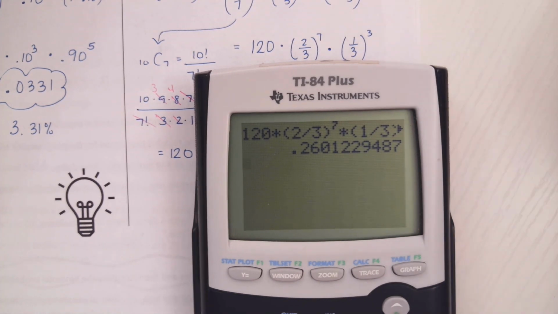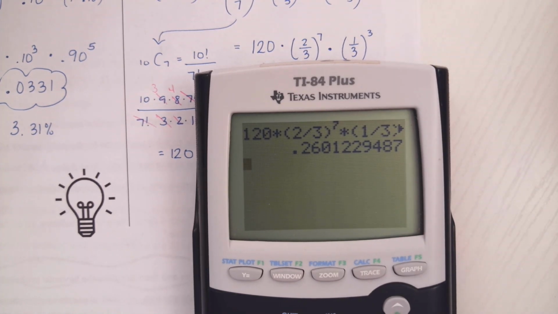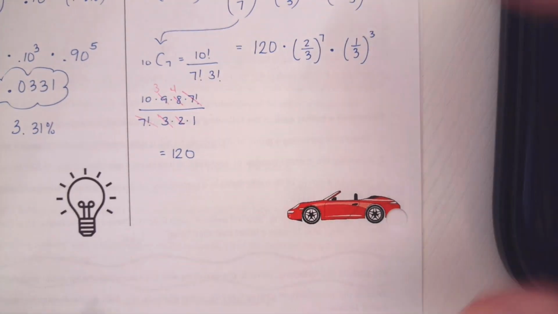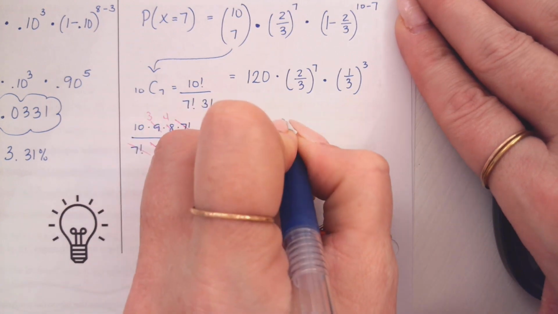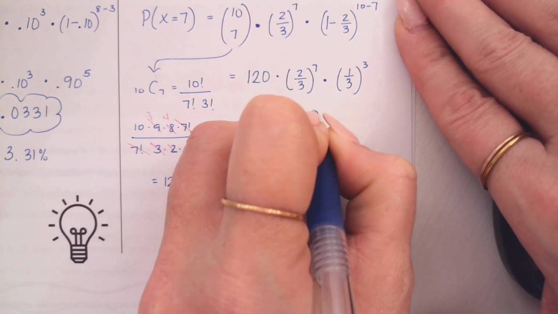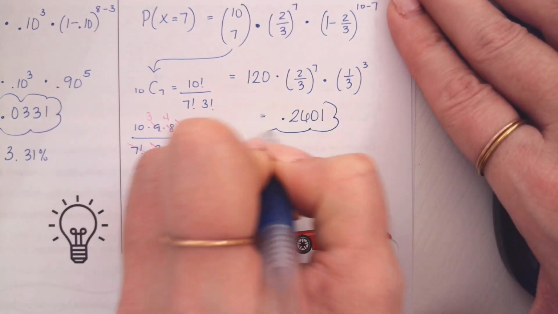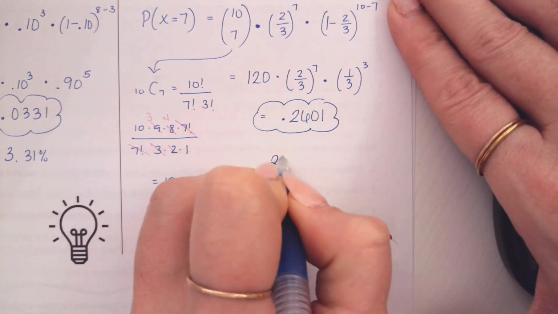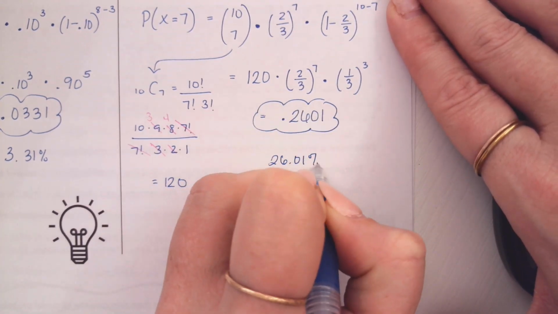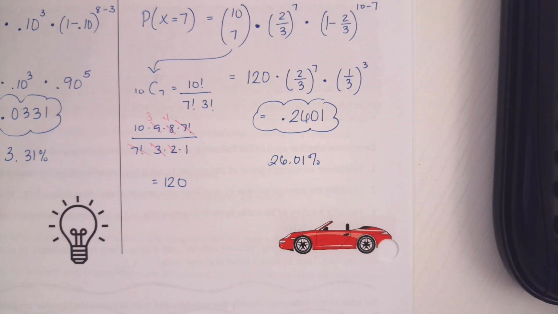Nice, good. Yeah. Okay, make sure you can get that. This is the hardest one to type in just because of the fractions. 0.2601. Which would be 26.01%. Sounds about right.